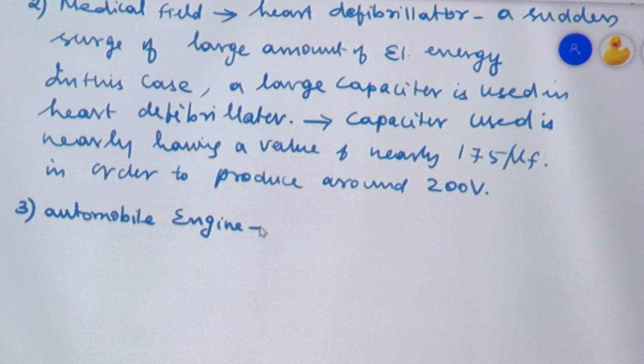If it were given to the engine through the spark plug, there is more chance for the automobile to catch fire, that is, there will be a large amount of sparks coming out. In order to avoid that, we use capacitors to eliminate that sparking.